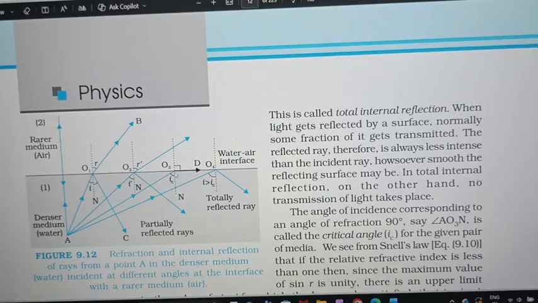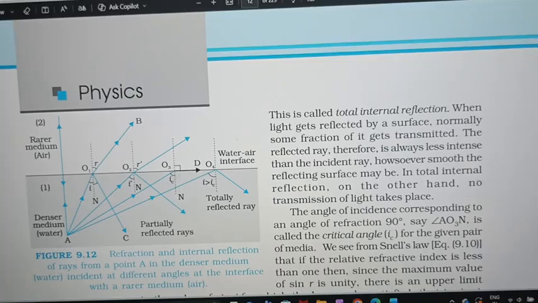When this angle of refraction exactly becomes 90 degree, whatever angle of incidence it has happened for, that will be called the critical angle. Suppose you have given some angle of incidence as 40 degree, and then the angle of refraction became 90 degree. From that you can get to know that this angle I is nothing but the critical angle.